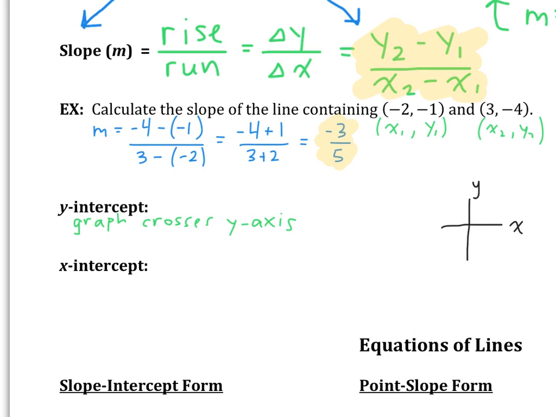We want to know, all right, well, where does the graph cross our y-axis? It would be at this point here, correct? So what's our x value there? Well, it's when x is 0, right? So it's where it crosses the y-axis, and it's when our x value is 0. So we can think of it as an ordered pair, some value where x is 0, and we get some y value.